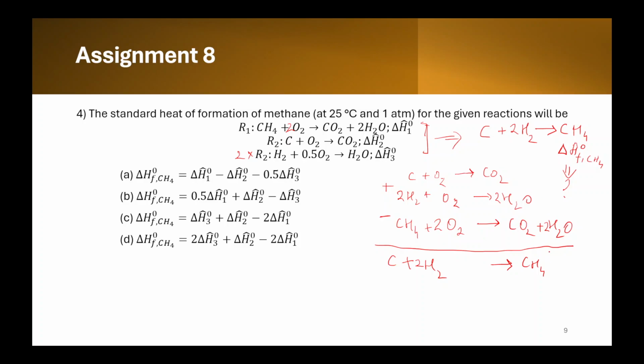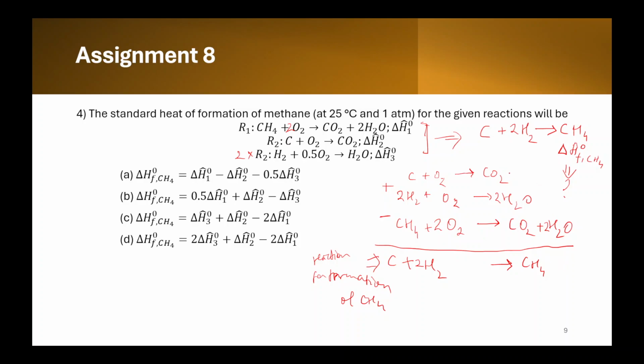So again nothing here, only CH4 on the product side. So this is the reaction for formation of CH4, methane. So what will be its enthalpy for this?